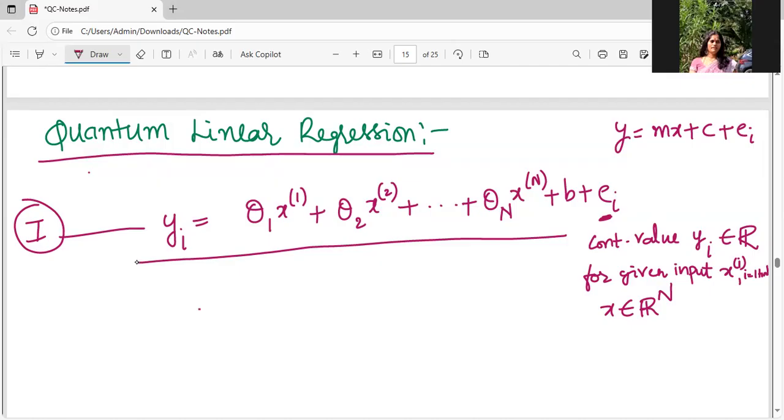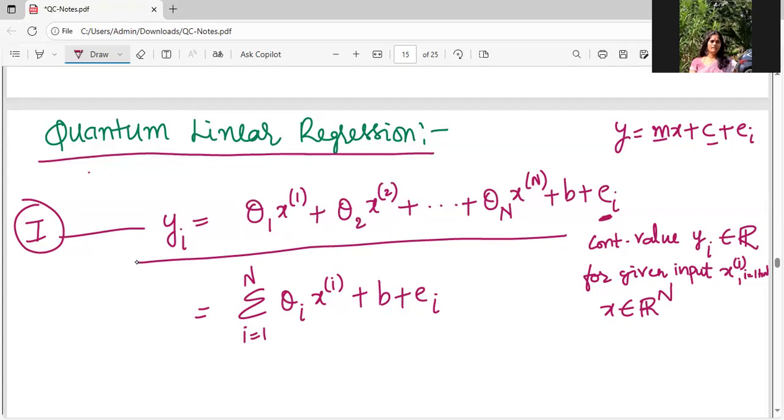Of course, in shorthand notation, I can write it like summation i equal to 1 to capital N theta i x power i plus b plus ei. The theta i corresponding to each feature and the intercept b are the parameters to the model that we want to learn. This m and c is what I will interpret; here I am denoting it by theta.